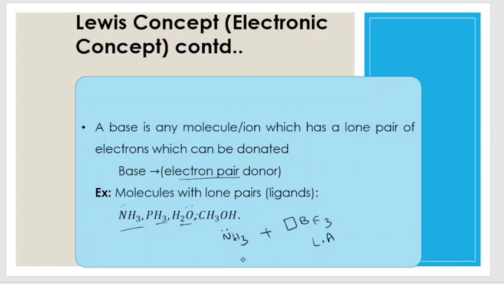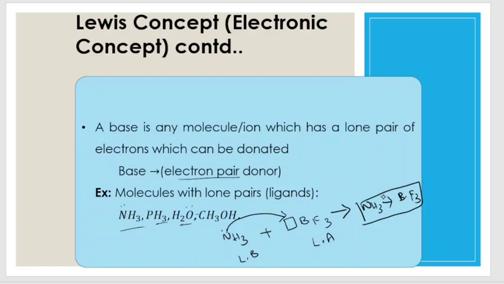The Lewis base donates the electron pair, the Lewis acid readily accepts that electron pair and readily forms a coordinate covalent bond between Lewis base and Lewis acid. Understand or not? So, a dative bond is formed between Lewis base and Lewis acid always.